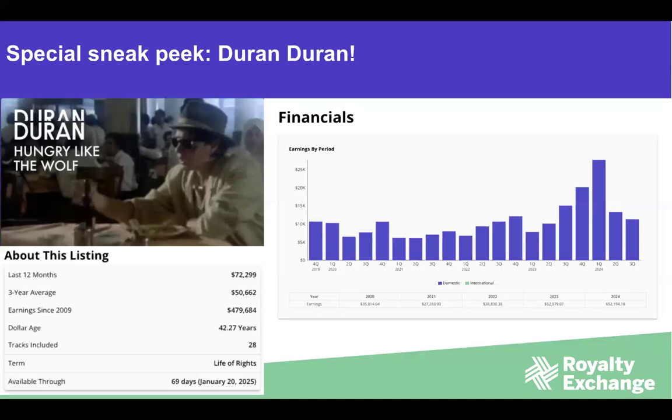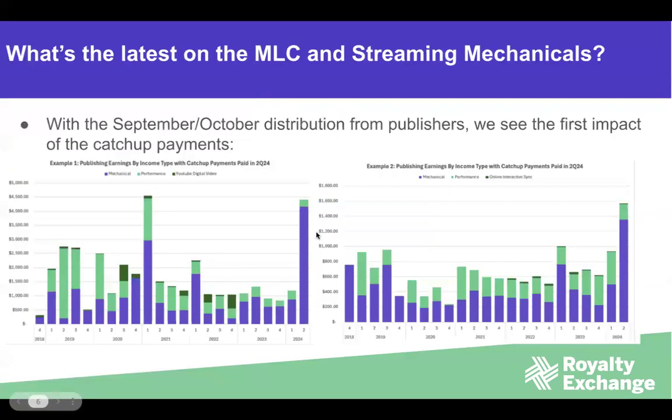Cool. Next one here: are MLC catch-up payments to royalty exchange clients made separately from regular payments? Great question. No, they are not. They are lumped into the overall royalty distribution from the publisher. Because we have been looking out for them, we see these big outlier payments, like we showed here.